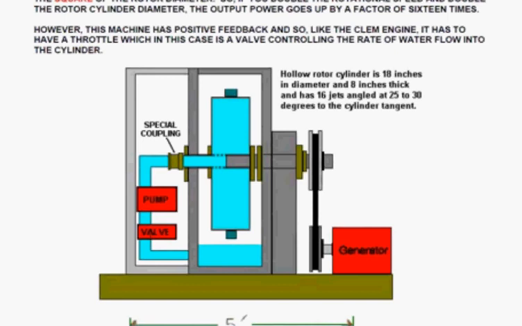It goes through your control valve, which allows you to stop it running itself to pieces. It goes through this pump and gets pumped into the cylinder. And once it gets going, you don't need the pump anymore, so the pump can be switched out. And the rotating cylinder spins so hard and so fast that it actually keeps itself moving all the time.